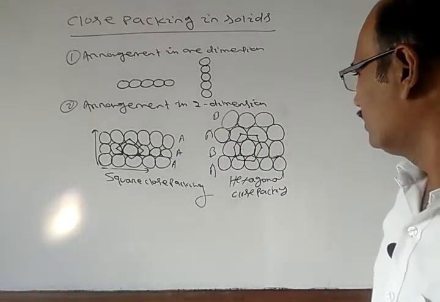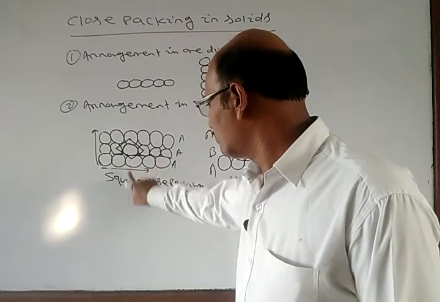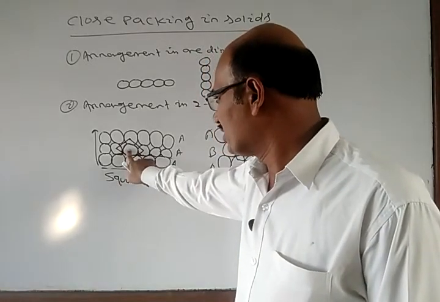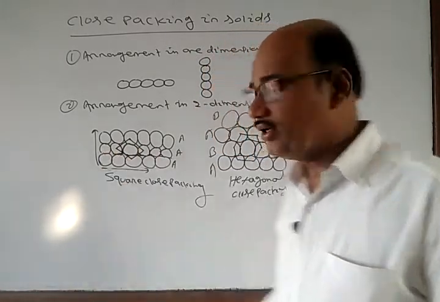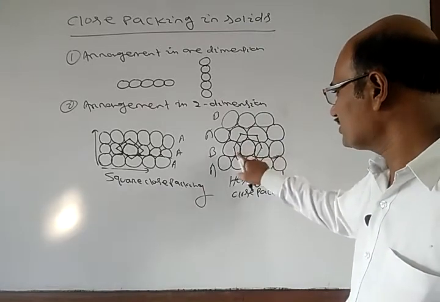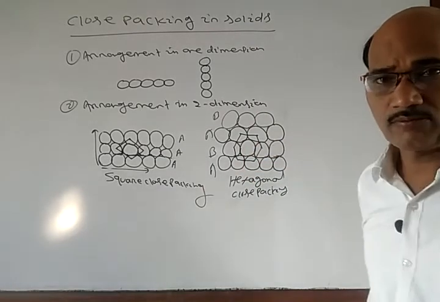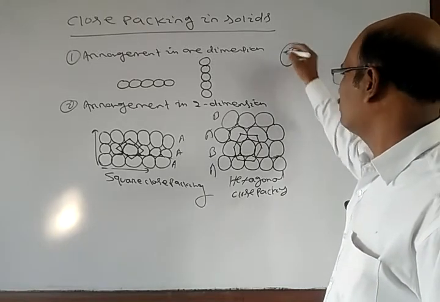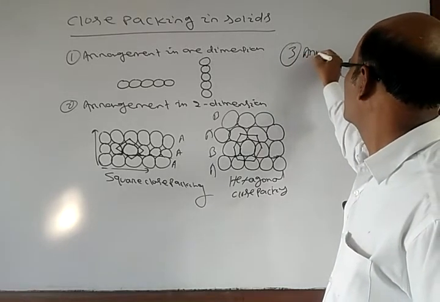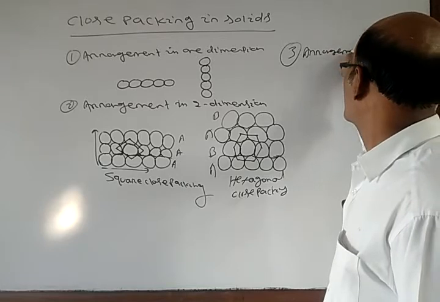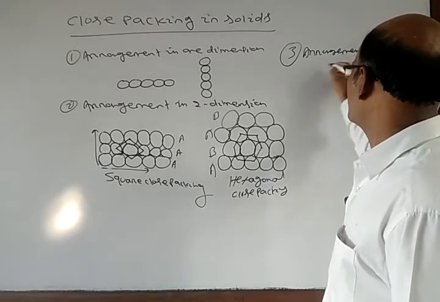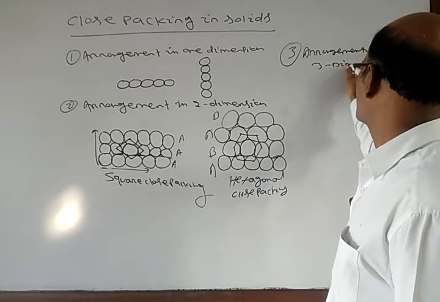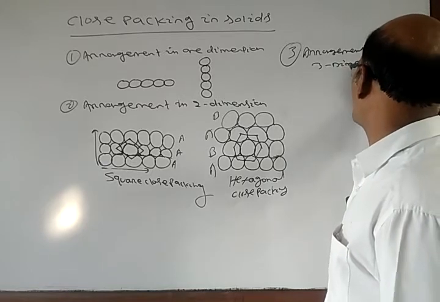So here the coordination number is 4. One atom is surrounded by 4 others. But here one atom is surrounded by 6, coordination number 6. Now arrangement in 3 dimension.